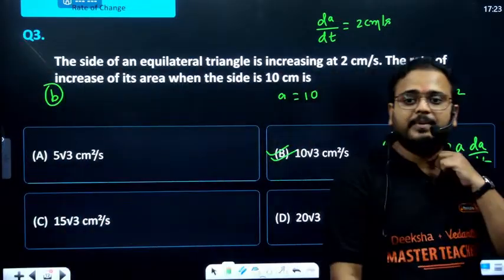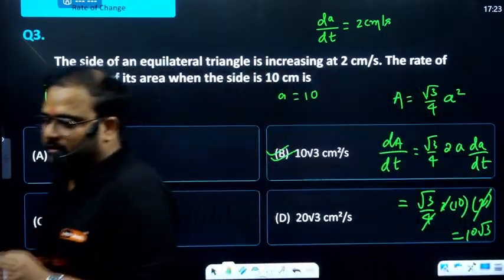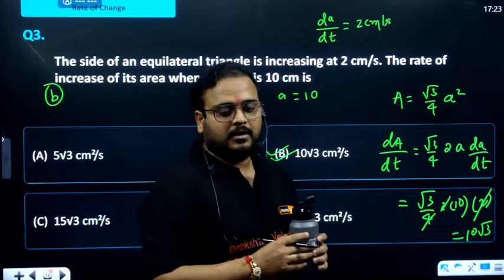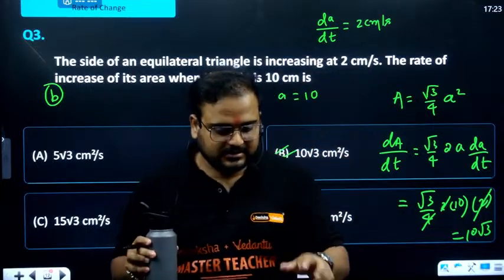This chapter will be in your midterms for sure, and I am covering all the conceptual part of this today. We will do the PYQs in the next class.